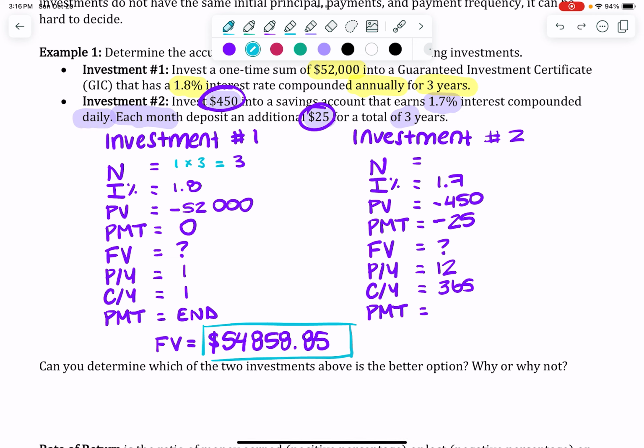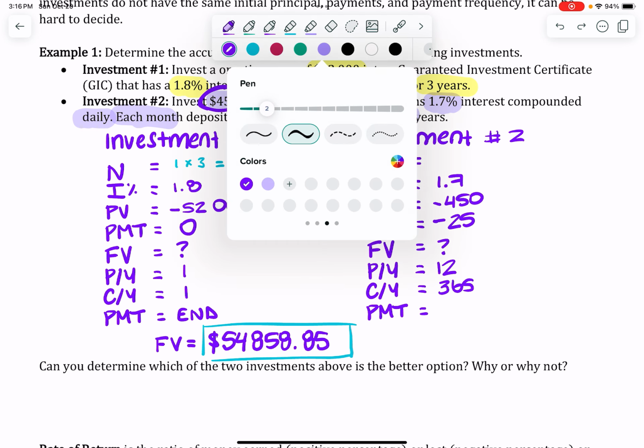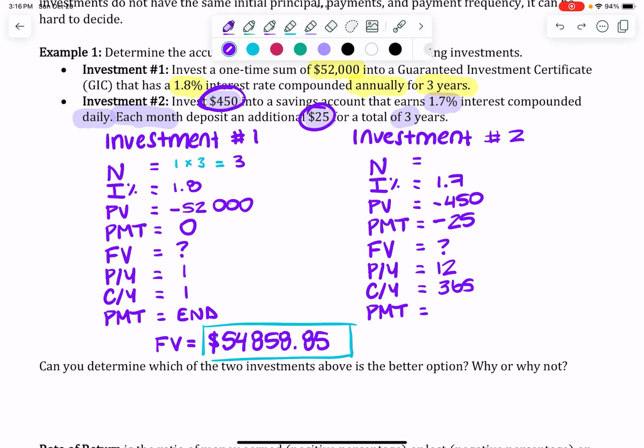When I look at the PMT at the bottom, it says end or beginning. Now, it doesn't actually tell me in the question when that payment's going to happen. By default, payments happen at the end of whatever period because you need to wait to get paid before you can make some sort of deposit, typically. So if it does not explicitly say beginning, we will always input end.